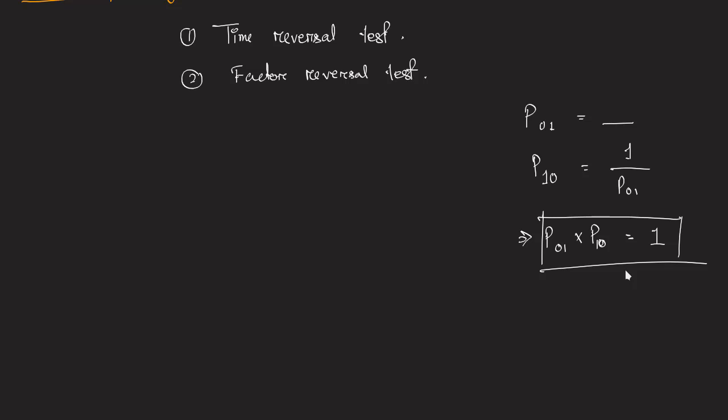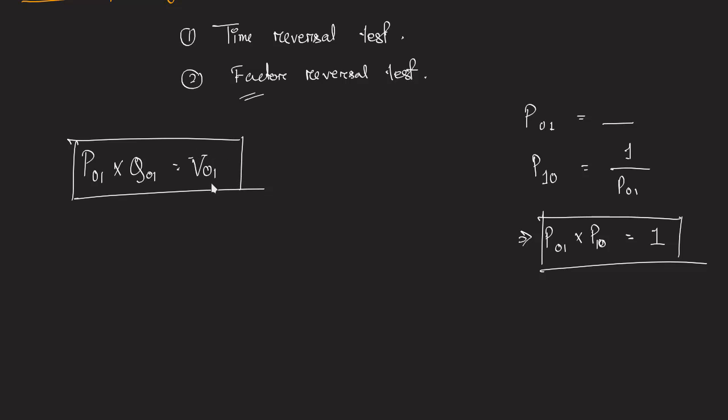And the next one is called the factor reversal test. In the factor reversal test, if you get P01 into Q01 equal to V01, that means if you multiply the price index number and the quantity index number and you get the value index number, then it is said to have passed the factor reversal test. If the first is satisfied, it has passed the time reversal test, and if this is satisfied, we say it has passed the factor reversal test.